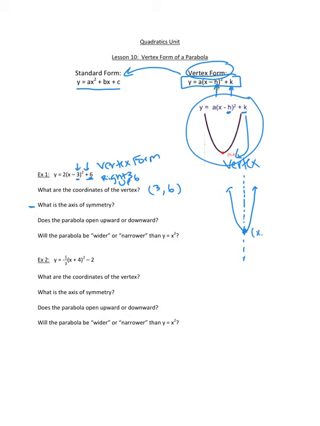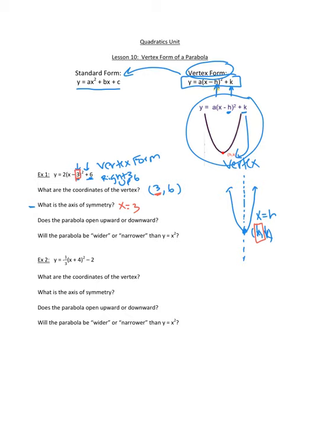So if the vertex is at h comma k, then your axis of symmetry is going to be the equation x equals h, whatever the first number was. So if I ask you for the axis of symmetry, you just go to this number, 3, x equals 3. But you have to state it as an equation, x equals 3.